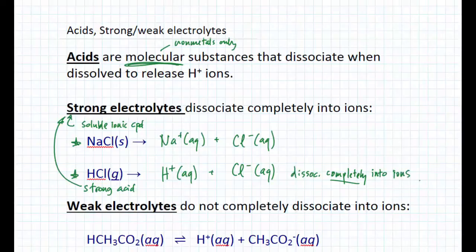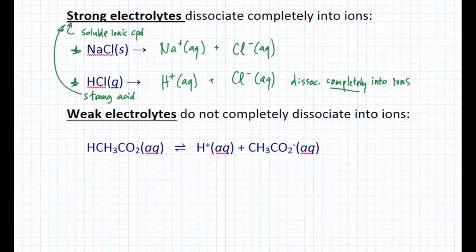Not all acids behave that way, however. HCl is considered a strong acid, so it is a strong electrolyte. There are some acids that are considered weak electrolytes. This is acetic acid. We're going to see a lot of acetic acid in our examples coming up.